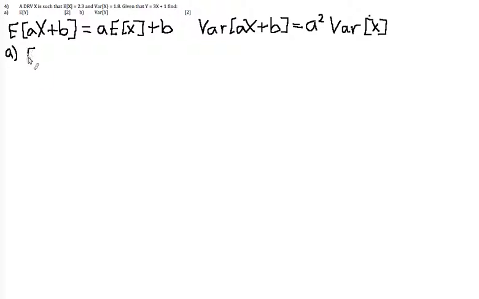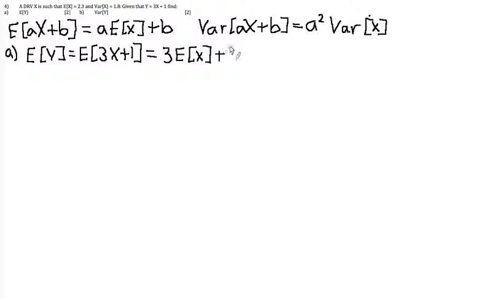Well, part A, the expectation of y. Well, this is exactly the same as doing the expectation of the function of y, which is 3x plus 1. Then, of course, we can use this property here and rewrite the expectation of 3x plus 1 as 3 times the expectation of x plus 1.